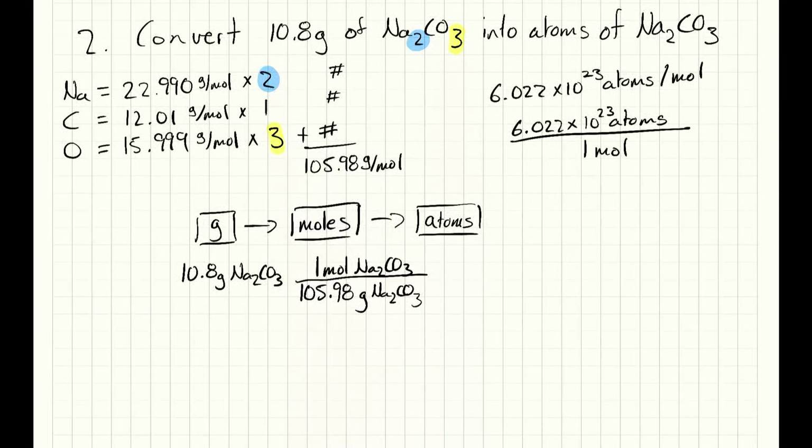And then to go from moles now to atoms, we'll just use our next conversion factor, which is this one up here, right? Again, and we'll look at this, right? So we're going to end up here with moles, and we want to get to atoms, which we have in our prompt. So we want to go from moles to atoms.